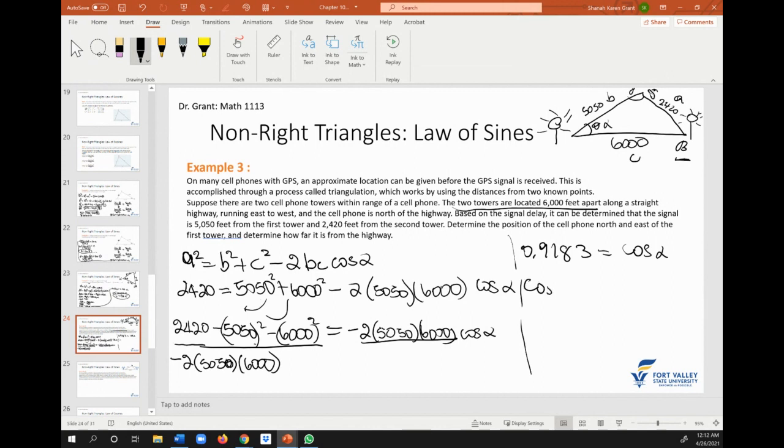Now, if I take cosine inverse, I should get what alpha is. And so plugging in again in the calculator, alpha is going to be 23.3 degrees. Okay, so that's how we would do an application problem.